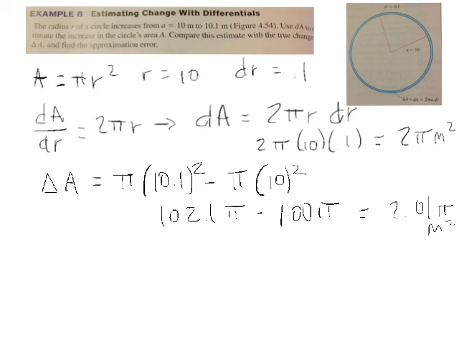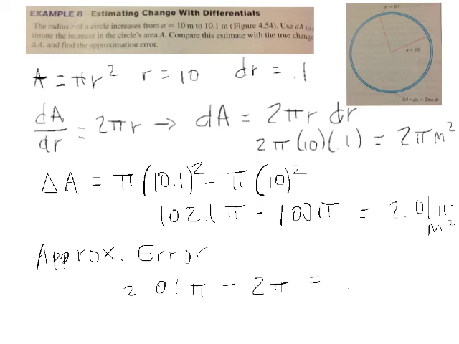So then to find the approximate error, all you're going to do is take your actual change minus your estimated change, so 2.01 pi minus 2 pi, and that's going to be equal to 0.01 pi meters squared. And that's all there is to it.